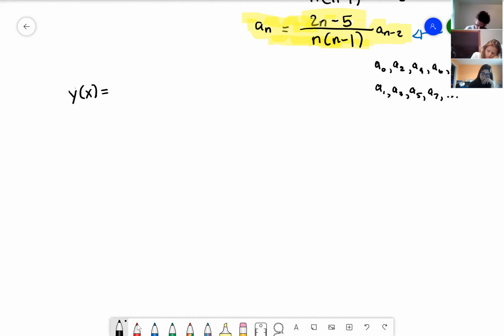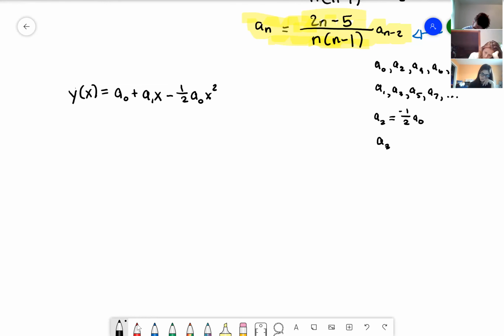So a0 and a1 are going to be arbitrary, and now we're going to get a2. And we already saw that a2 is going to be negative 1/2 a0. I'm going to write it as minus 1/2 a0 x squared.